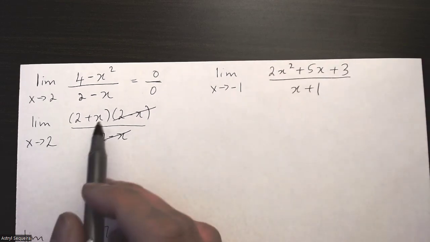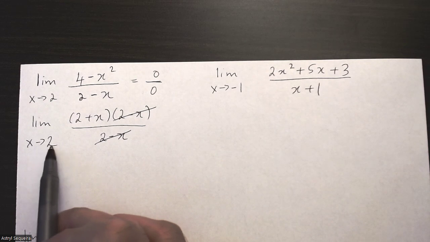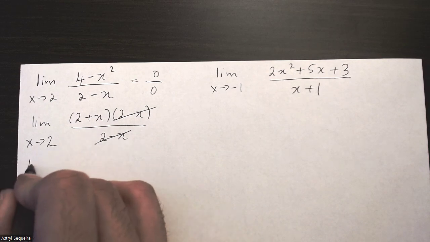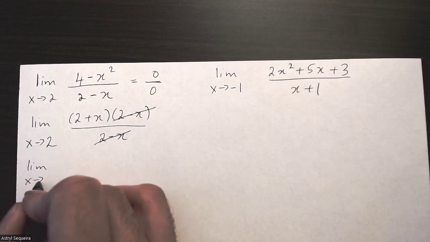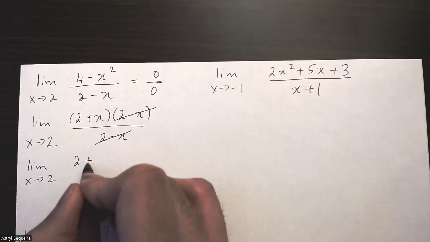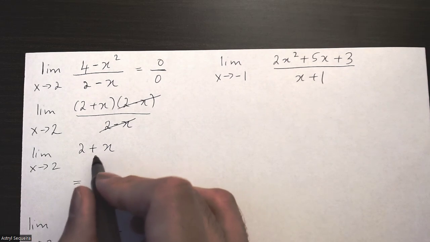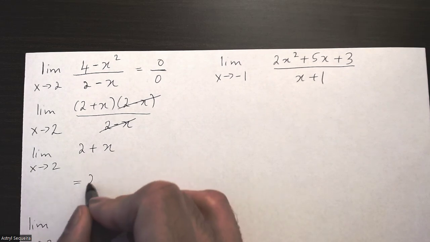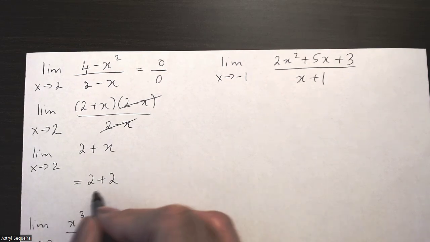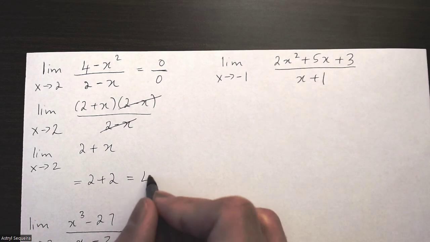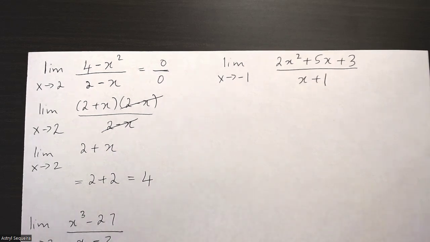And now I can sub in my limit into this question. So if I sub in 2 for x, well, just write this again in the next step to make it a bit neater because now I'm just left with 2 plus x. So I can sub in my limit, which is x is just 2. So 2 plus 2, which means that my final answer is 4. It's all about just being able to factor.